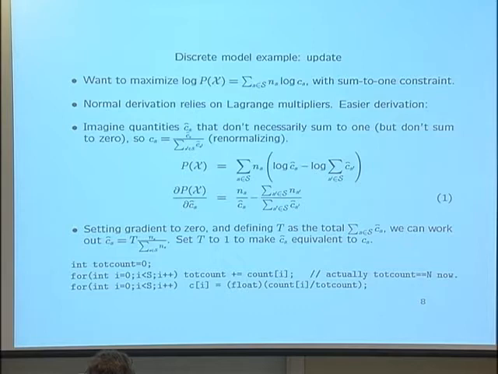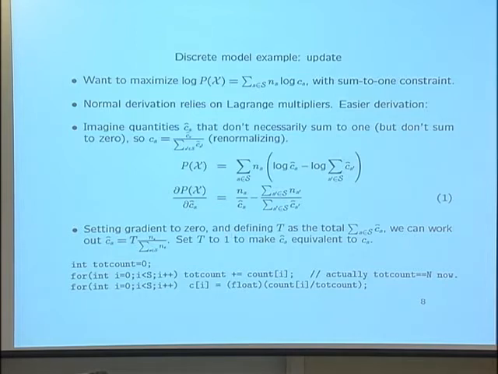I'm just defining t as the sum of the c hat sub s. This is the value that may or may not be equal to 1, but shouldn't be 0. And if we set this gradient to 0, because that's always what you do when finding the maximum or minimum of something, and define t as the sum, you can rearrange and get c hat sub s equals t times this ratio.